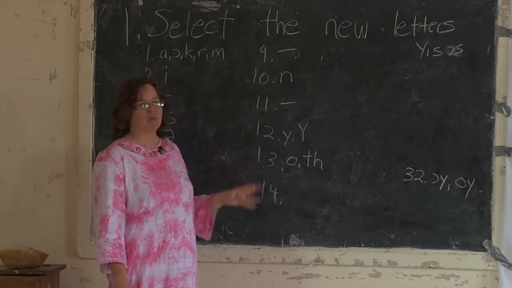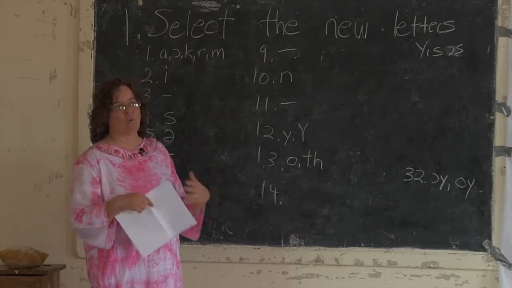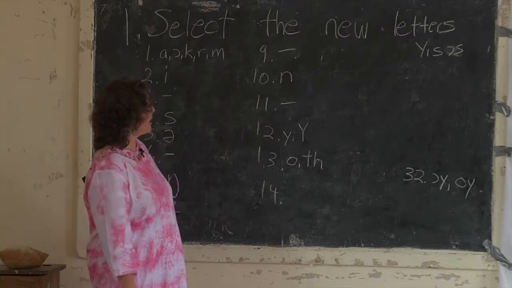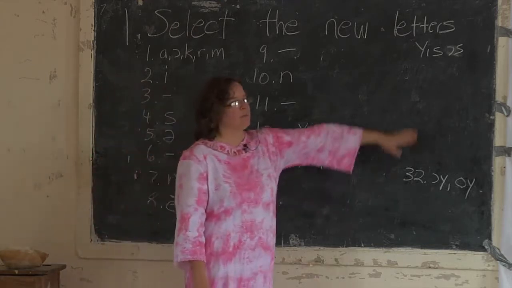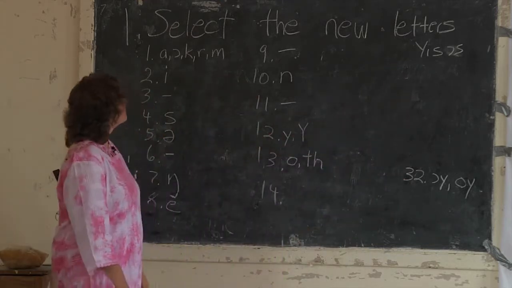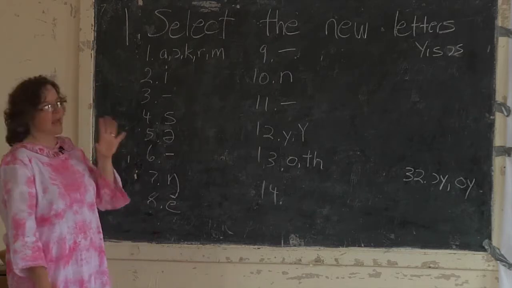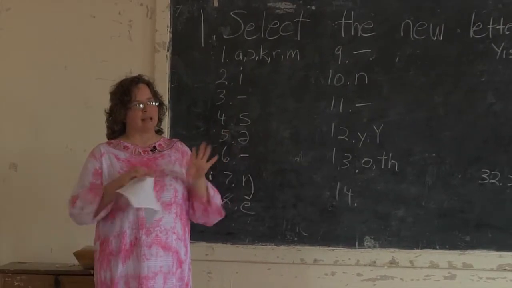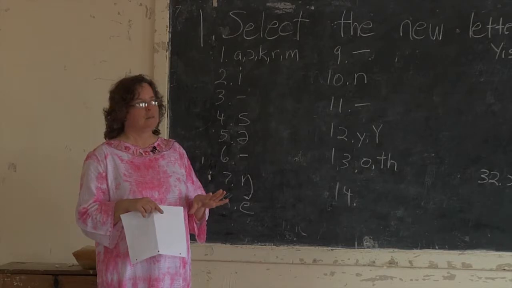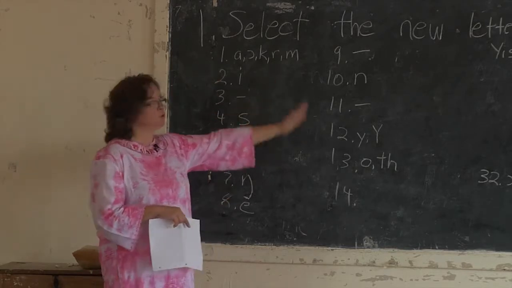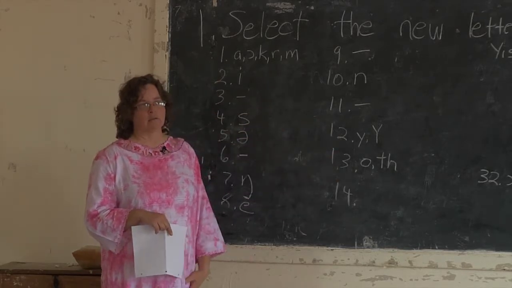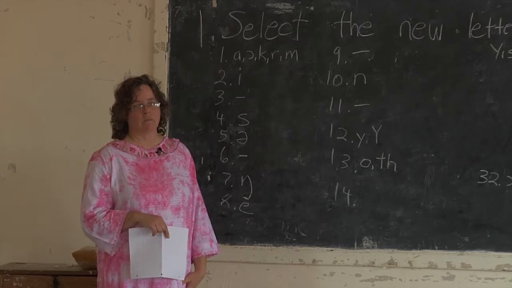The idea of how to read and how to put things together, they've already learned. Okay? So they can take a little bit more information now. So that's why that letter count is so important. That's our foundation for how we're going to introduce the letters and the letter combinations in the primer.